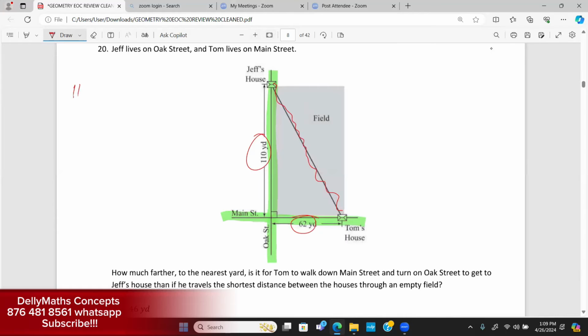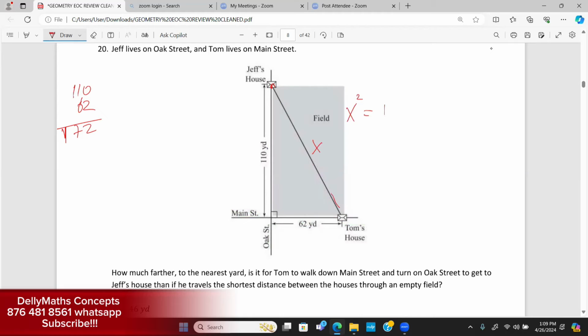If you add the 110 plus the 62, he would have walked 172 yards from here to get to here along this road, right? Now, if we're going to focus on the other idea, what we're going to do now is to use the Pythagorean theorem. So we are finding the long side here. Let us say I call this x.